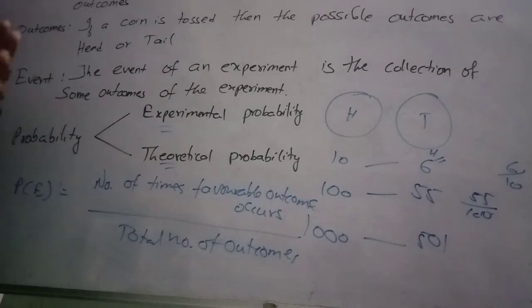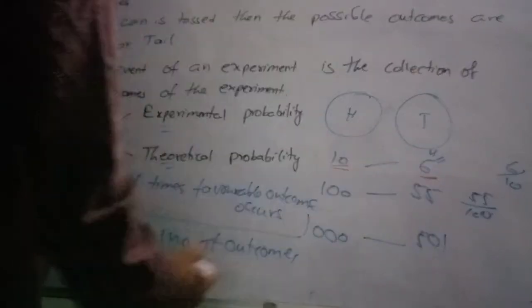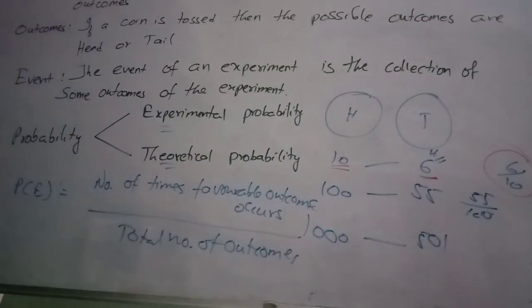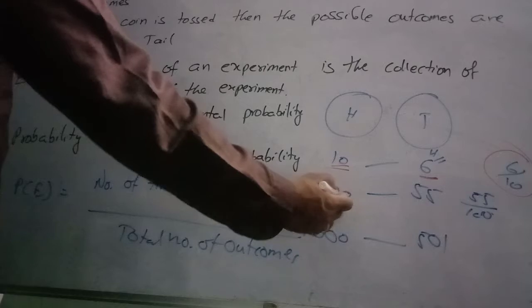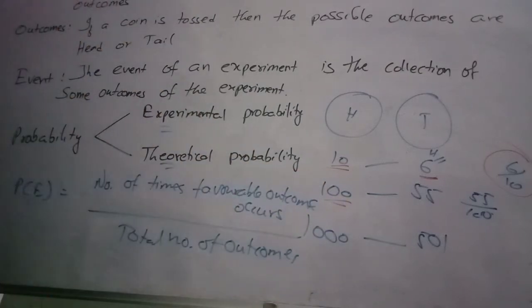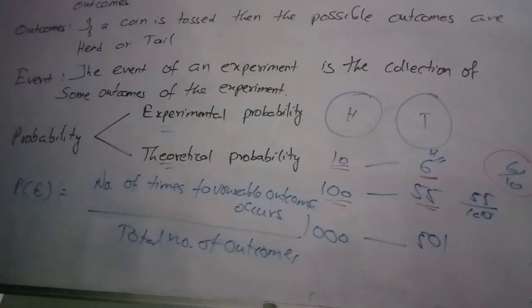Suppose I am tossing a coin 10 times, and the number of outcomes, the number of heads, is 6. Then the probability of that outcome is 6 by 10. If I toss the coin 100 times and head happened 55 times, the probability of getting head is 55 by 100.